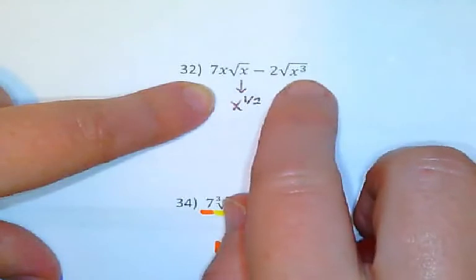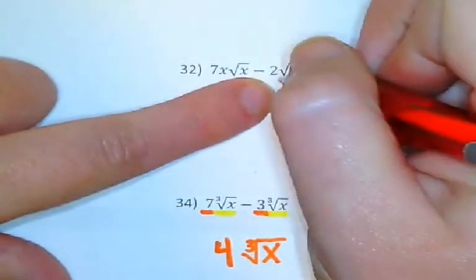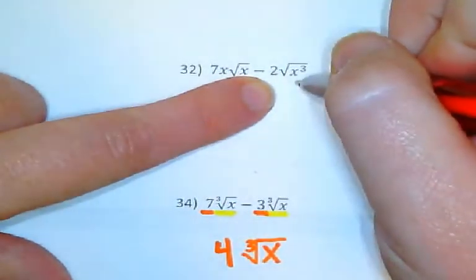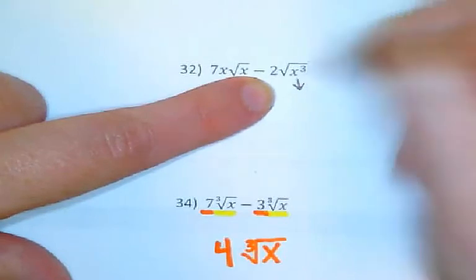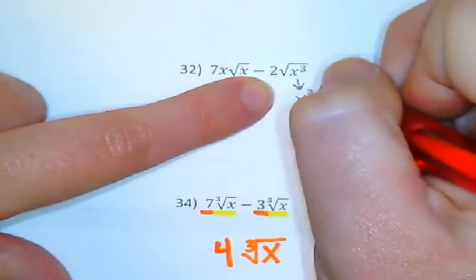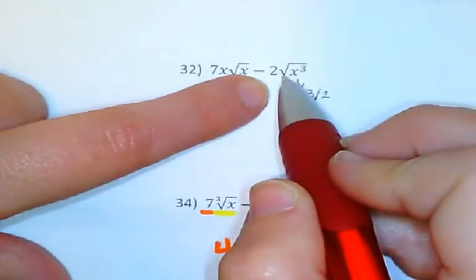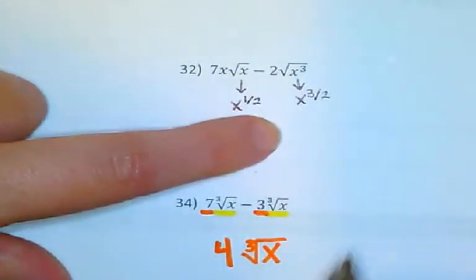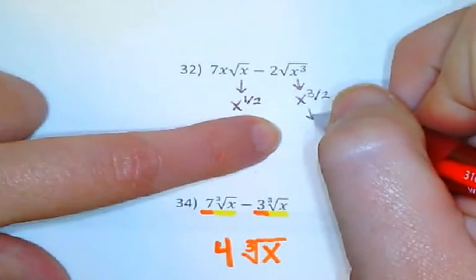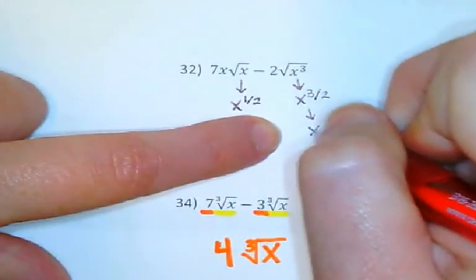Let's see if we can simplify this one though. So the 2 I'll leave because it's already on the outside. For this guy, I've got x to the third over 2, because this is a square root. There's no index there, meaning it's a square root. And that 3 over 2 is really 1 1/2.